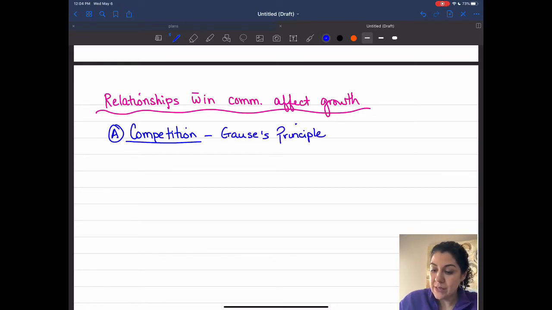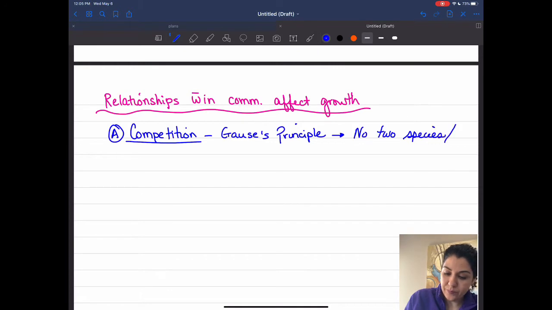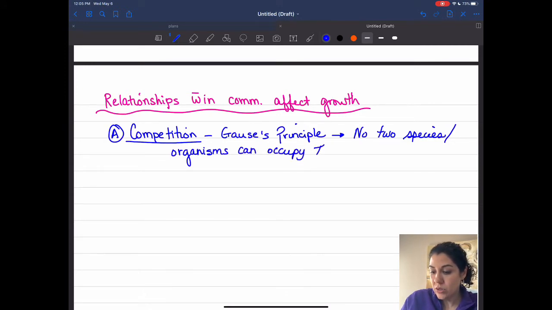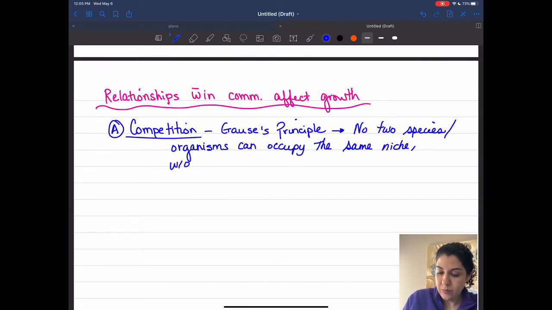But what it states is that no two species or no two organisms can occupy the same niche without one of them being eliminated.